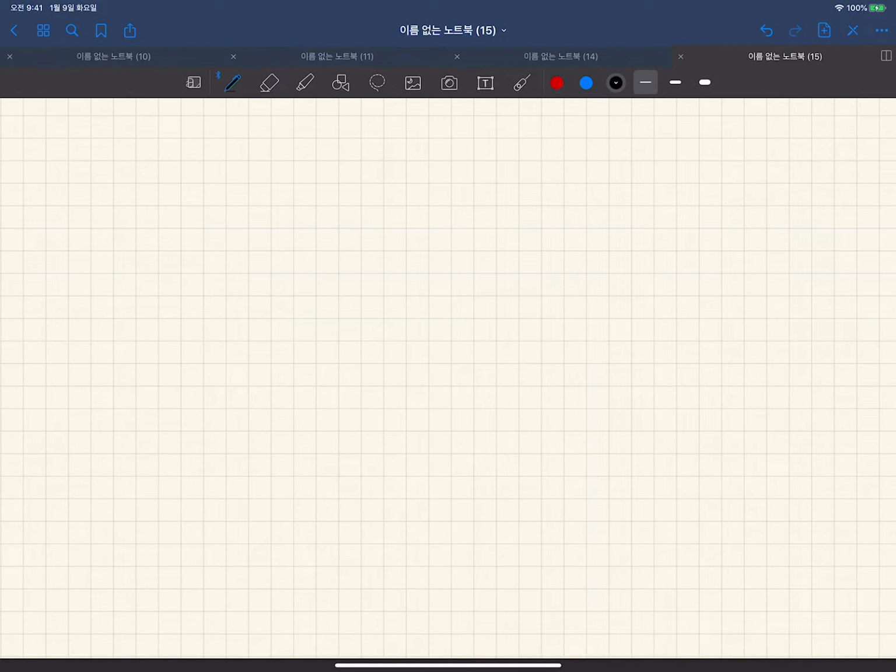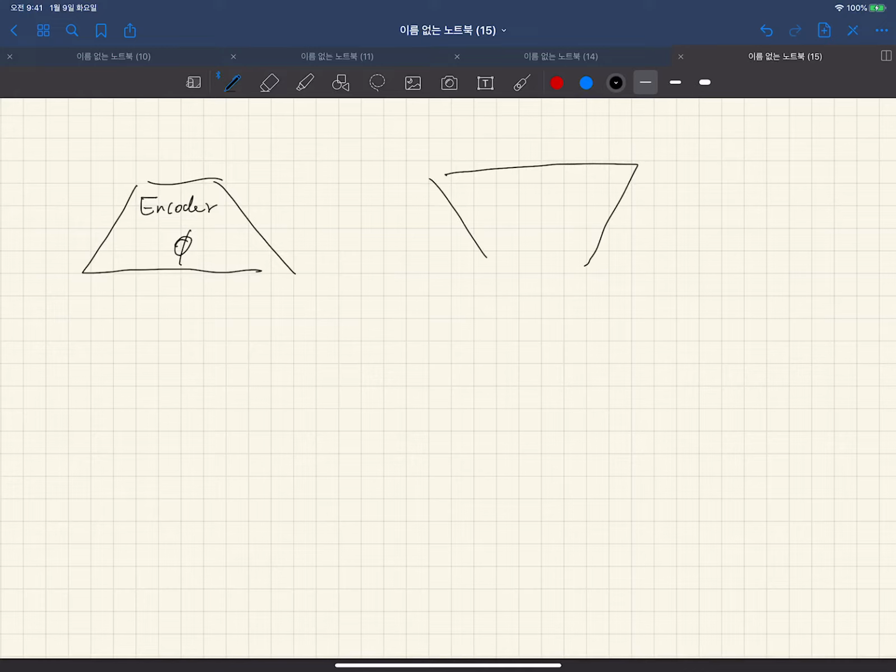So let's go to more details. Here there's the encoder part, with parameter, let's say phi. There's the decoder part with parameter theta.